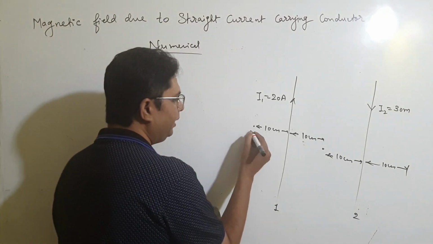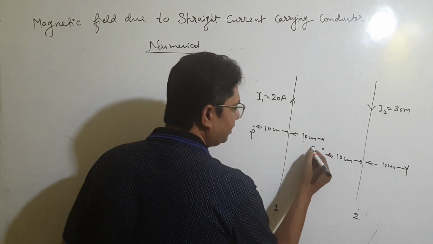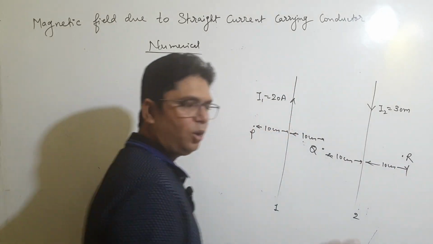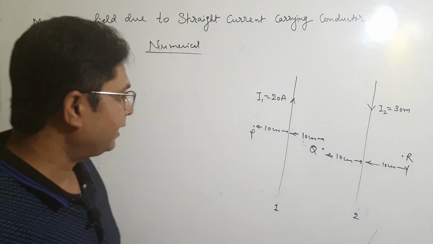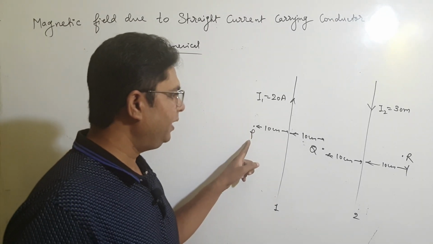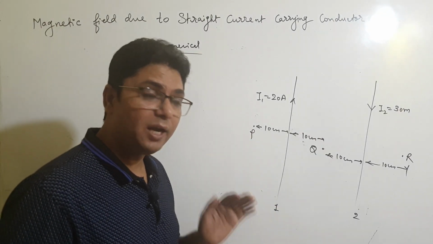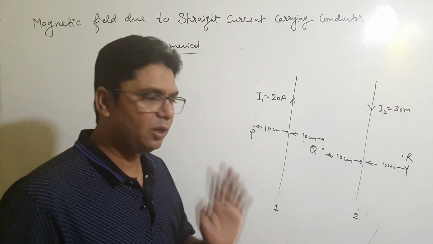This point is P, this point is Q, and let us take a point here known as R. You have to determine the magnetic field at point P, at Q, at R. The question is, what is the magnetic field at point P, at Q, at R?